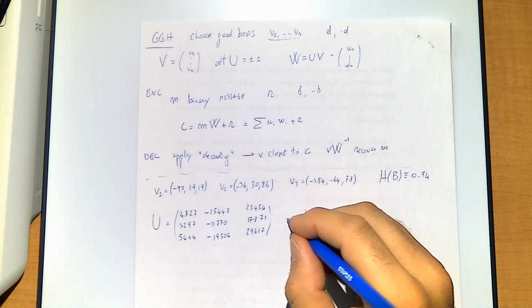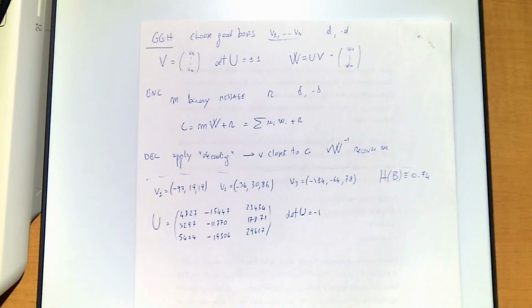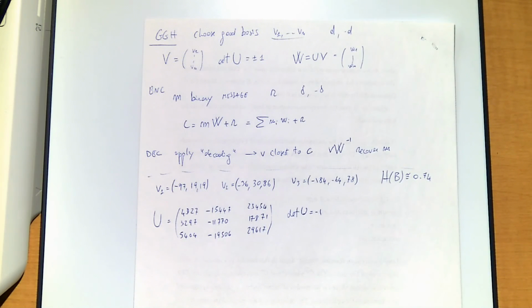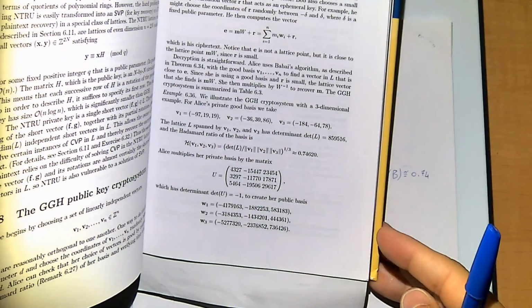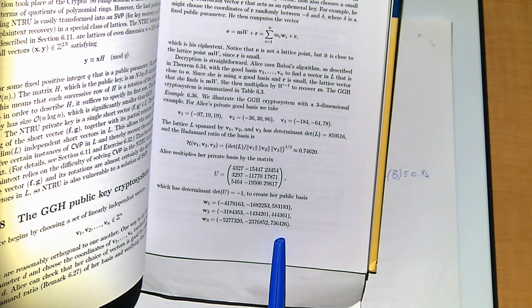The determinant of this is -1, so it's a good change of basis. You multiply it with V1, V2, V3, and you get a really bad basis. I'm not going to write it down, but you see it's huge compared to the original one.